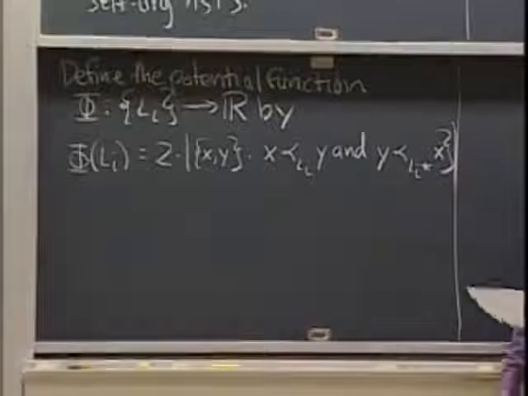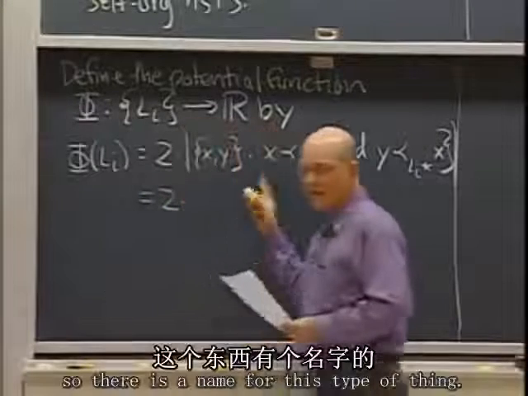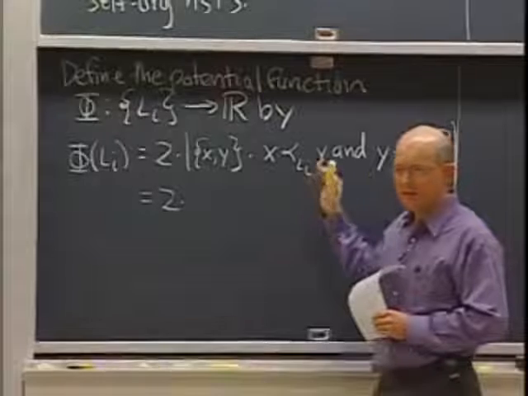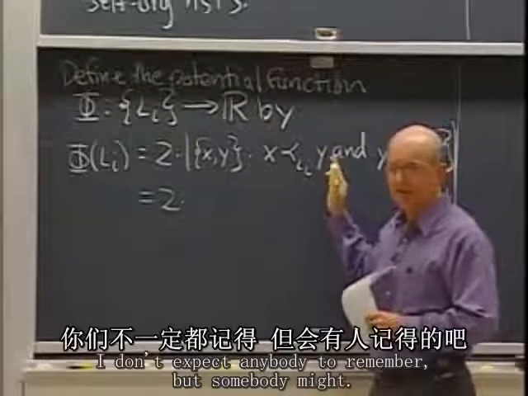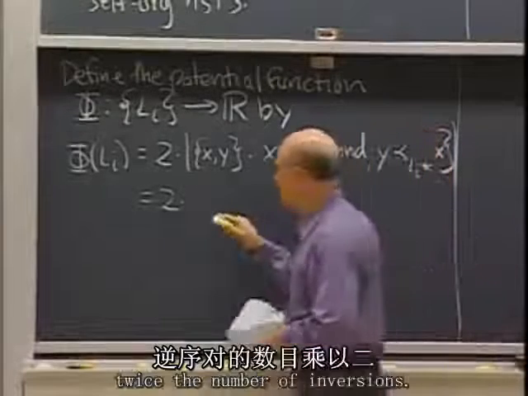Okay? So that's equal to 2 times, so there's a name for this type of thing. We saw that when we were doing sorting. Anybody remember the name? Briefly, very briefly. I don't expect anybody remembers it, but somebody might. Inversions, good. Okay, twice the number of inversions.